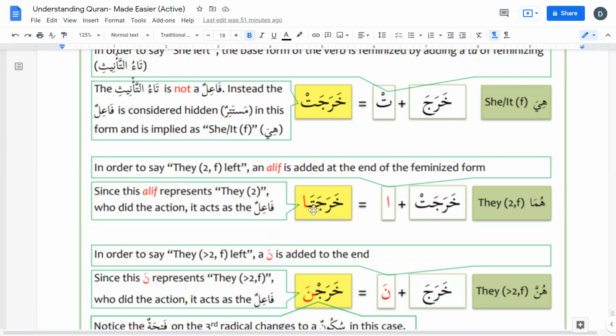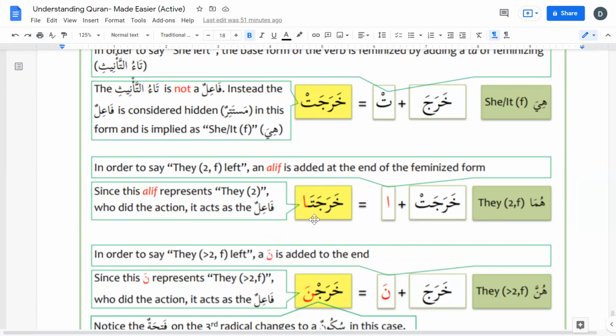So kharajata is they left. They who? Two females. Two females left. So kharajata. And it is very important to pronounce that. If we say kharajat, then it's wrong. It's kharajata, because when alif comes, this sukoon is replaced by fatha. Kharajata.